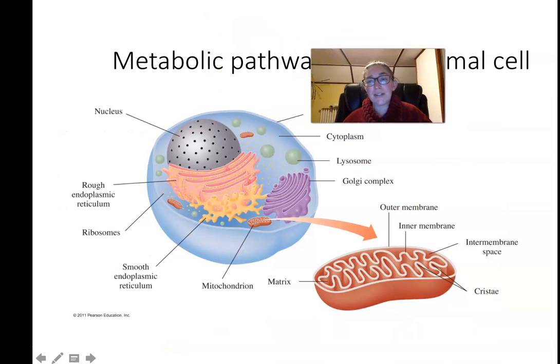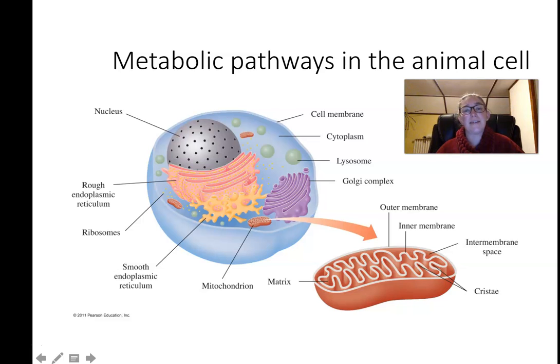So we need to orient ourselves in the cell as well. So if this is an animal cell, here's the nucleus, here's the endoplasmic reticulum and the Golgi apparatus. So there's lots of different organelles in here, right? But the one that's most important in energy is the mitochondria right here. So they look kind of like kidney beans, usually in pictures.